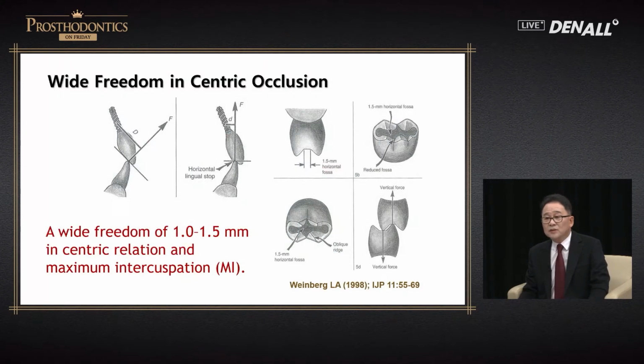Weinberg also talked about this, which is already known to many. To give freedom to the centric, many people are making efforts. In an implant prosthesis, there are no mechanoreceptors, so a guide from CR to MIP is lacking. Therefore, widening centric is required.